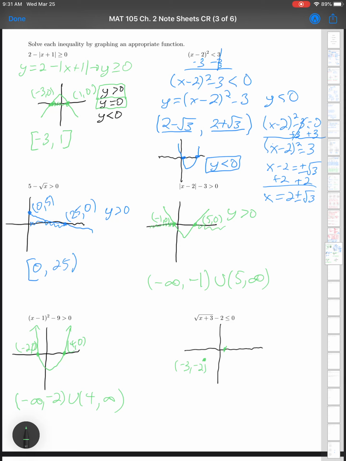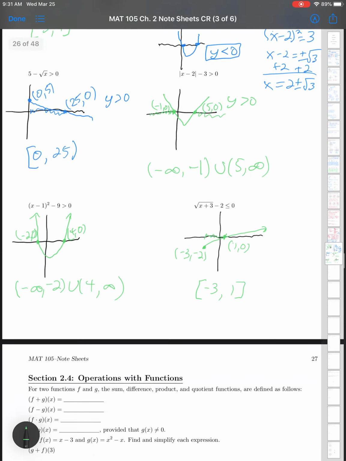And the x-intercept should be at 1, 0. So the graph looks like this. And in this case, we want to be less than or equal to 0. So that's the part that's below the x-axis. So that's this part right here, right? So that goes from -3 to 1. And we include the -3 because it's an endpoint within the region we're looking for, and we include the 1 because it's or equal to.